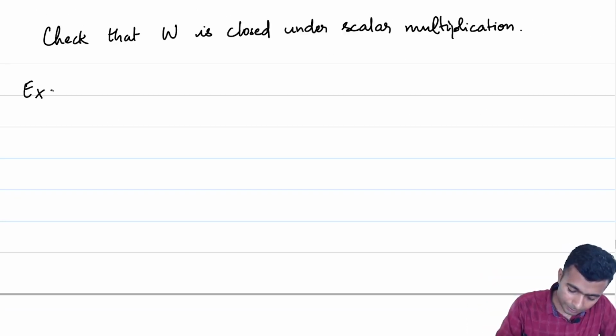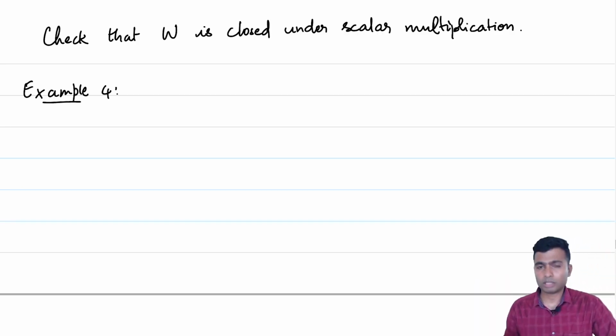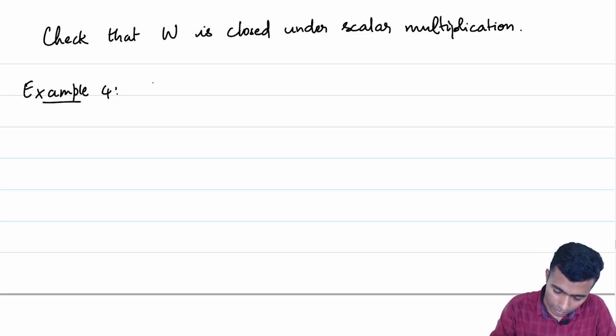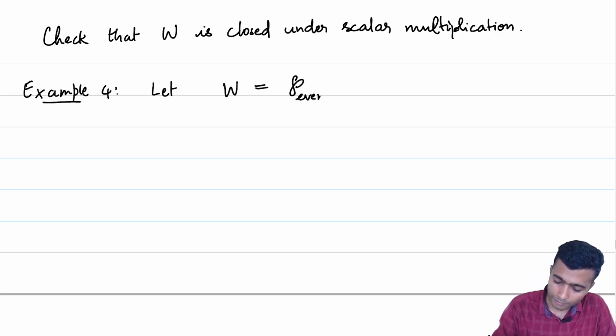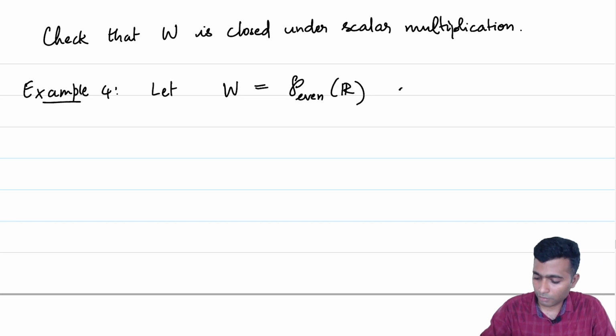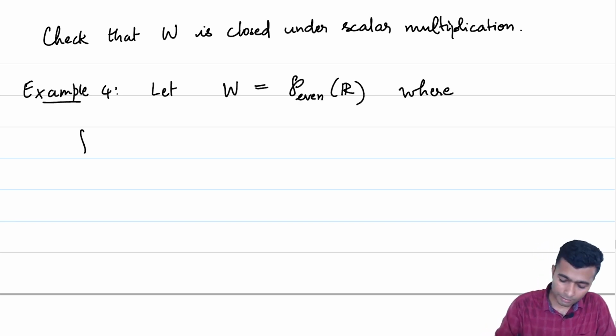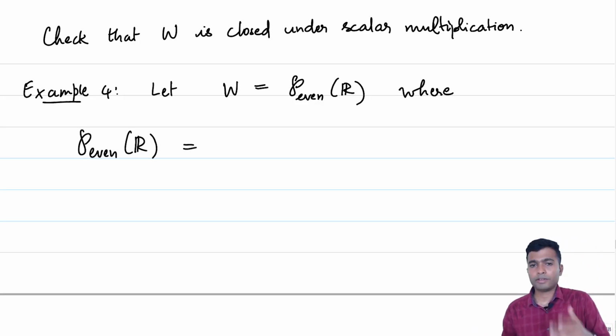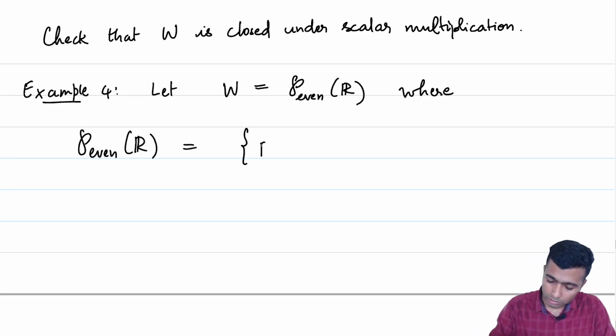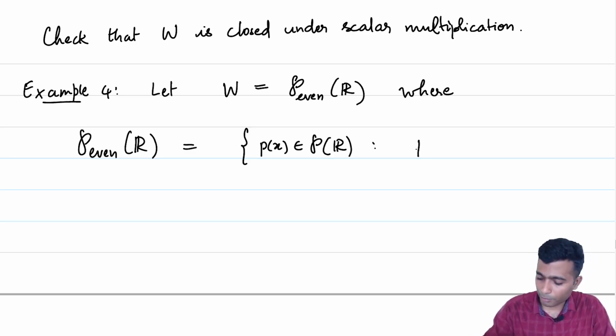Next example, example 4. Consider the subspace W. Let W be equal to P even of R, where P even of R is the even polynomials, the set of all polynomials in P of R which satisfy the following property: p of minus x is equal to p of x.